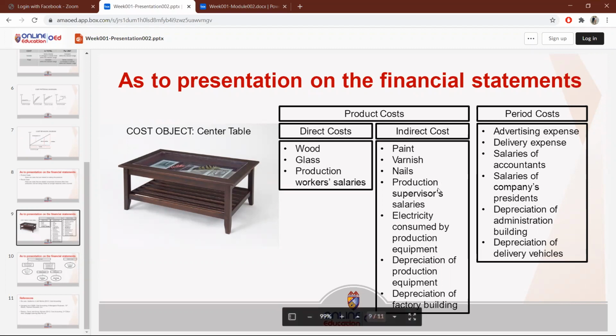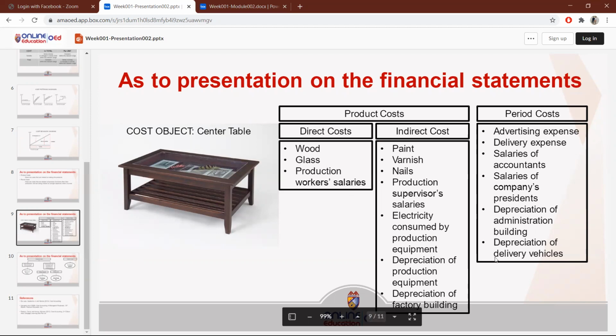So it's part of indirect cost, which is a product cost, which is recorded as part of the cost of goods sold of this table. Electricity consumed by production equipment, depreciation of production equipment. You can see they are all for the production. Then the factory building, where the table is made.